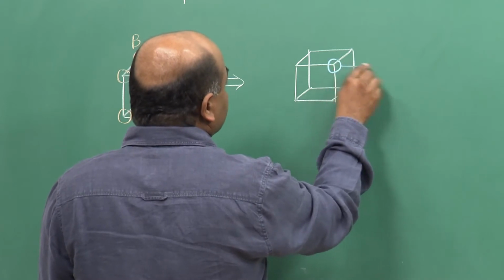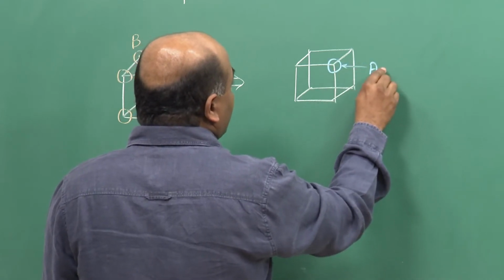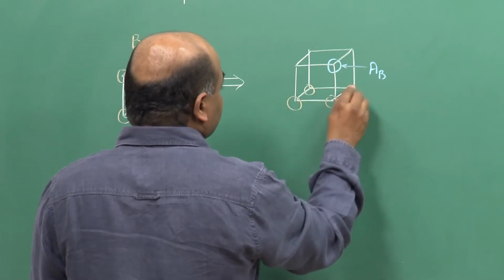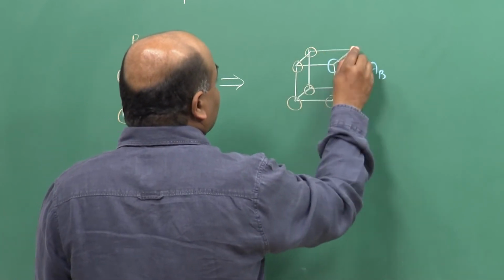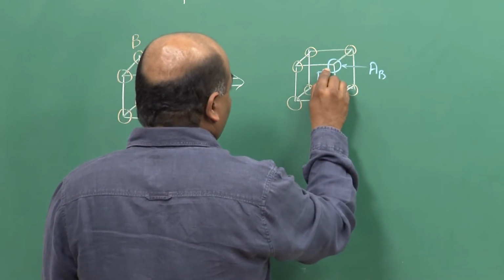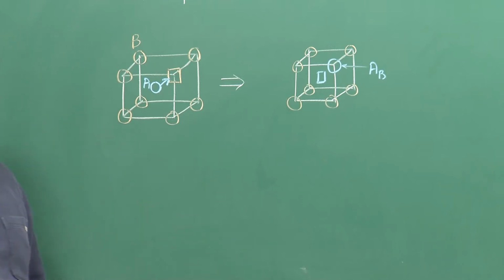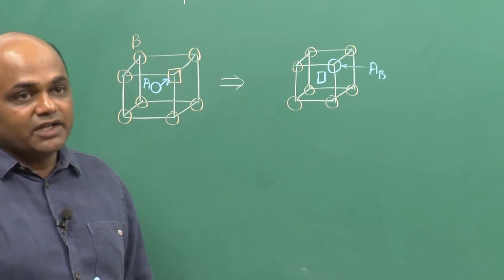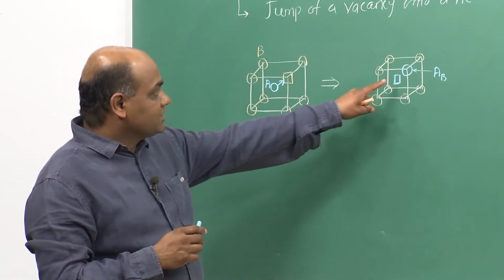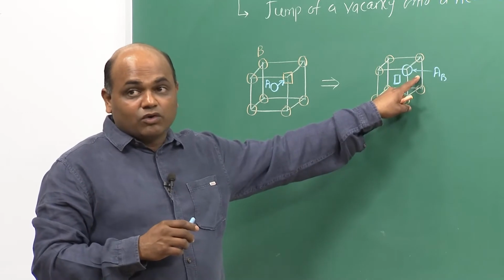So, this forms an anti site of A on B. You can imagine this diffusion mechanism, that is the nearest neighbor jump, would be operative if the formation of an anti site is a low energy event.